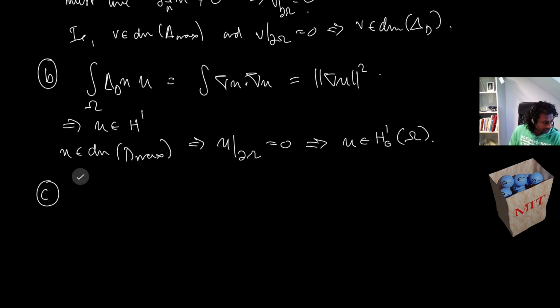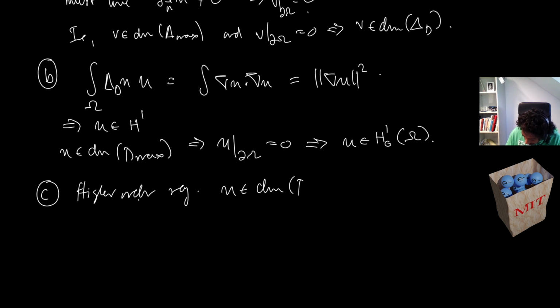Now the third thing, so elliptic regularity, right? So what does this regularity tell us? Well, I should say higher order regularity, right? So we have u in dom d.